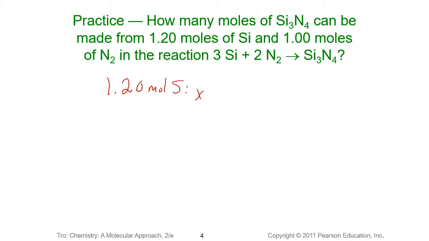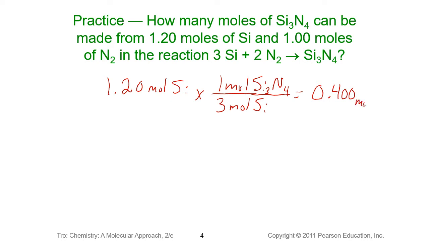We look at our balanced chemical reaction, so it takes 3 moles of the silicon to make 1 mole of our product. So we can only make 0.4 moles.